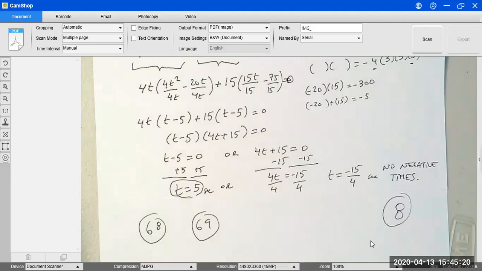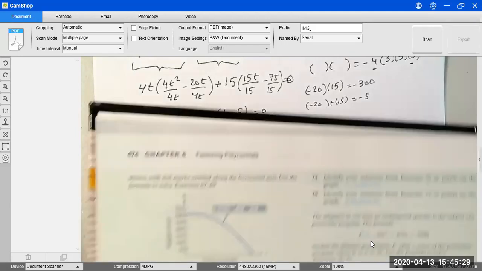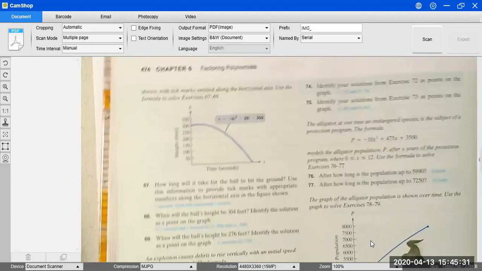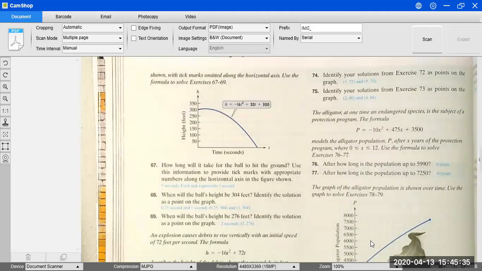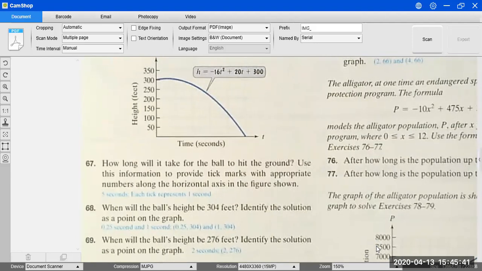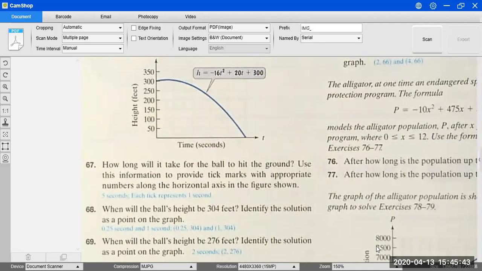I'm going to show you again if you don't have your book, so for you to get the information to solve problem 68. So you're going to use the same equation. The only difference is that you're going to set a different value for h in each of those cases. So work those two problems and send me your answers because we are running out of time now. So send me your answers by email.